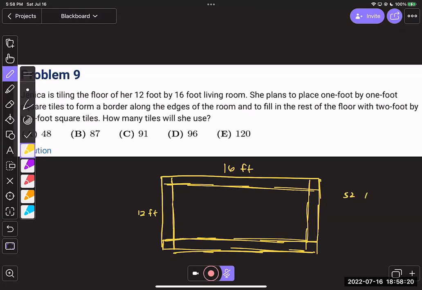Since there's 1 tile for each foot, I would add 12 plus 12 for the 2 sides. So 12 here, 12 here, right? Yeah, so that would give you 24.